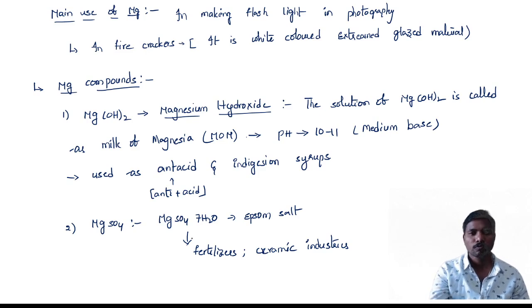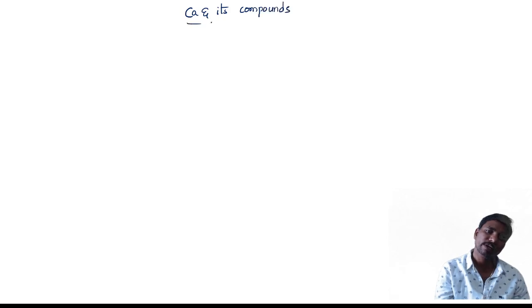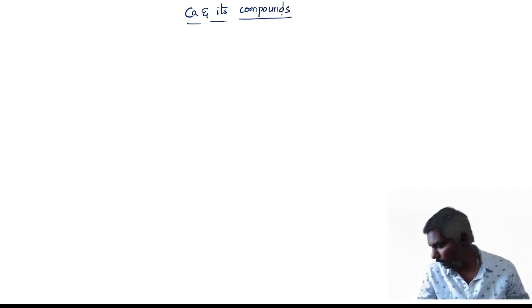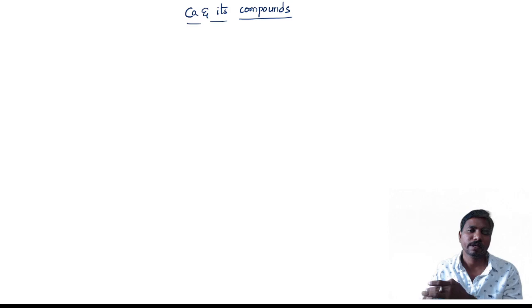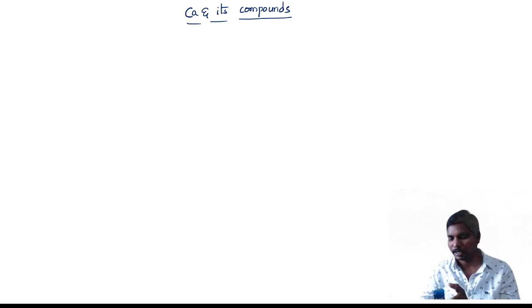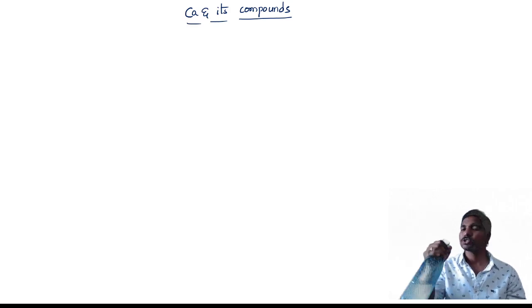Now coming to one more element, that is calcium and its compounds. Calcium and its compounds are very important. Calcium is very important, guys. Here we may get calcium hydroxide, bleaching powder. All those are very important.